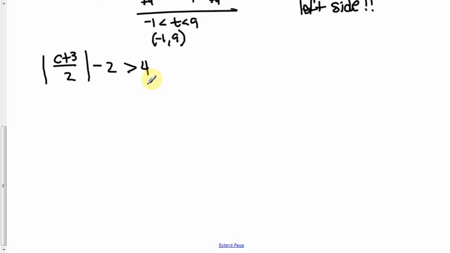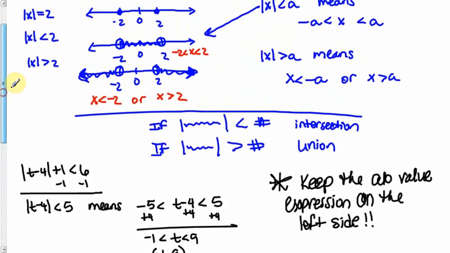So I'm going to add 2 to both sides. It's greater than, which means you're going to follow the rule up here.